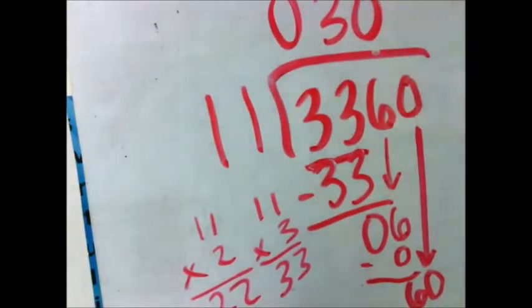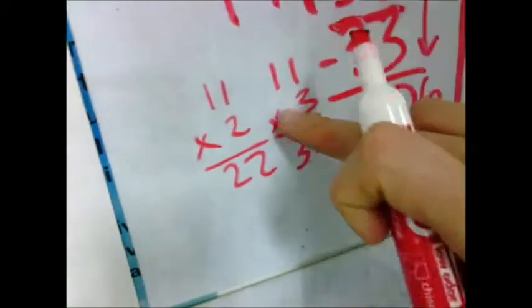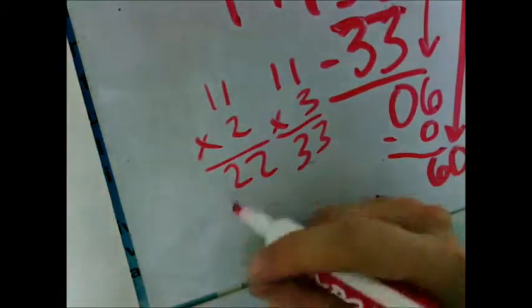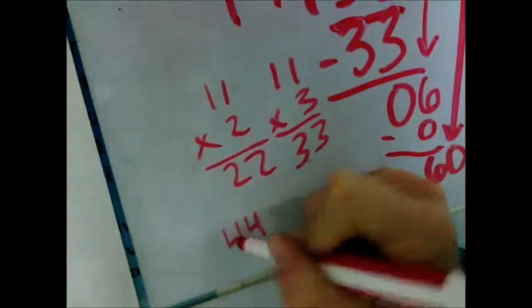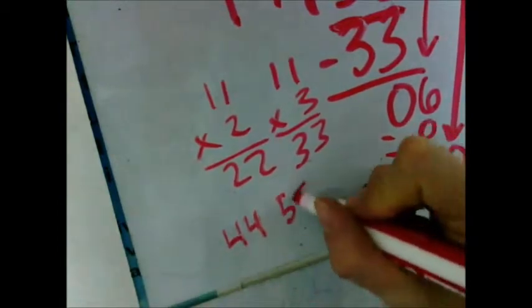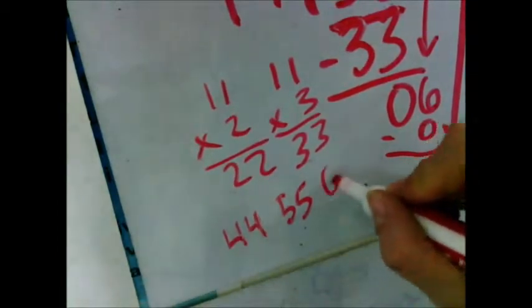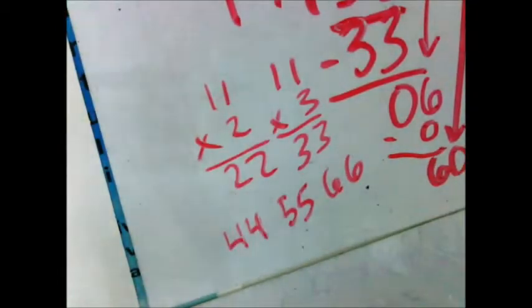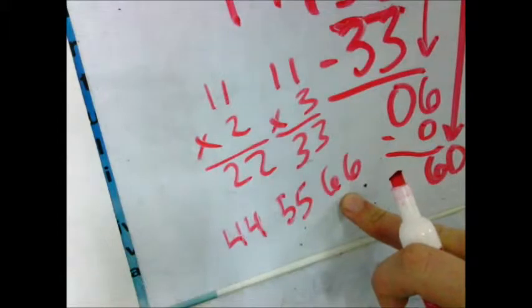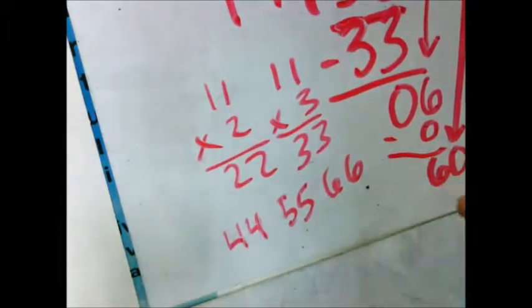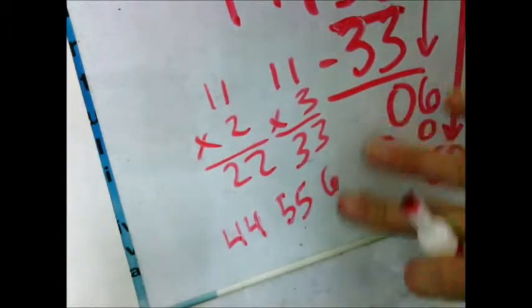Okay. Now I still have to get a digit to go up here, so I want to know how many times 11 can go into 60. So I've already done some multiplication here, so I could try 11 times 4, I'm going to get 44, and I could try 11 times 5, and I'm going to get 55, and I could do 11 times 6, and I'm going to get 66. So can it go in 6 times? No, because 66 is bigger than 60.